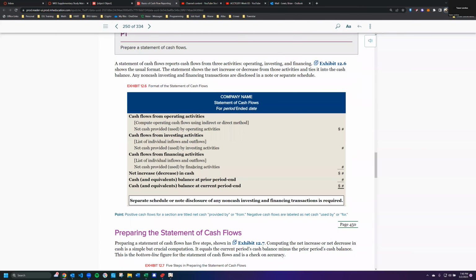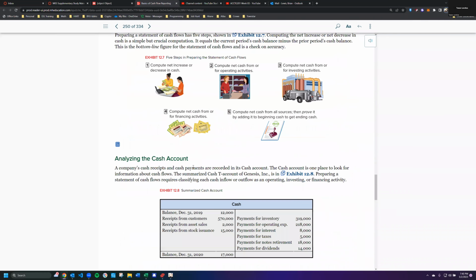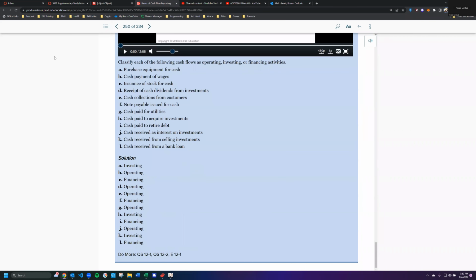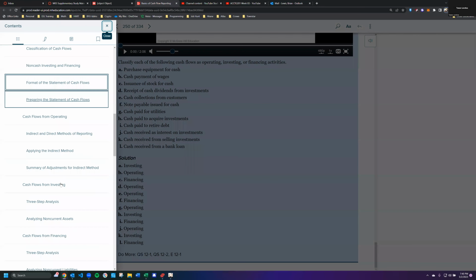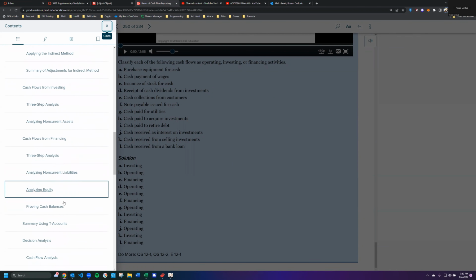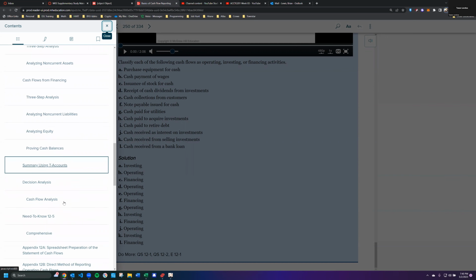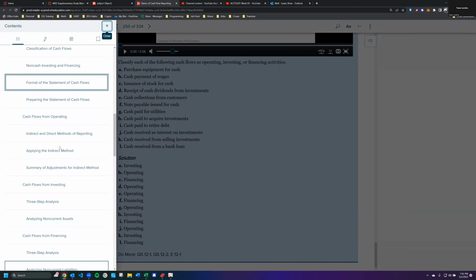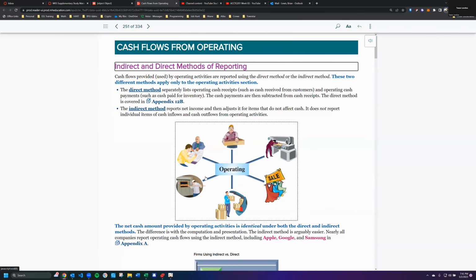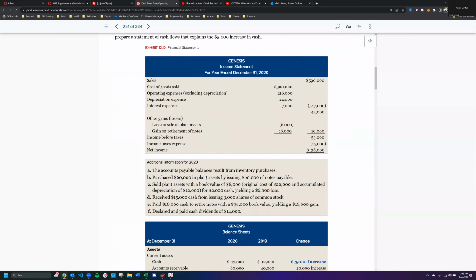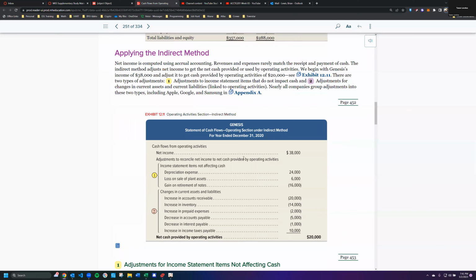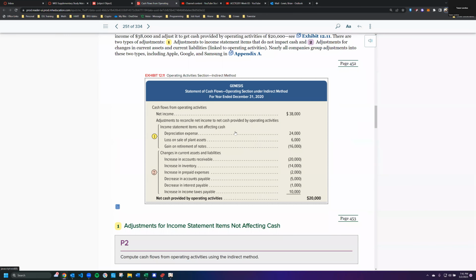Indirect, direct, using cash flow. Let's look here. There we go. They use balances from here. Here we go. Here's a statement of cash flows.